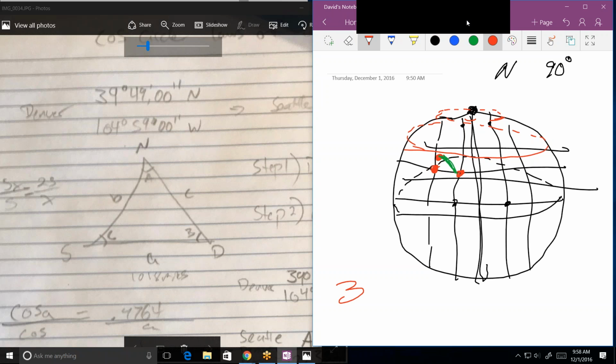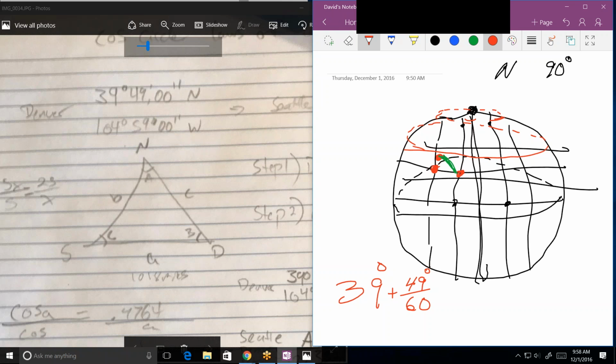Okay, 39 degrees, 49 minutes means 49/60ths of a degree. You see why? There's 60 minutes per degree. Oh, yeah, I got 39 degrees, 49 minutes, 00 seconds. Right, but the 49 minutes is a part of a degree. It's 49/60ths of a degree.